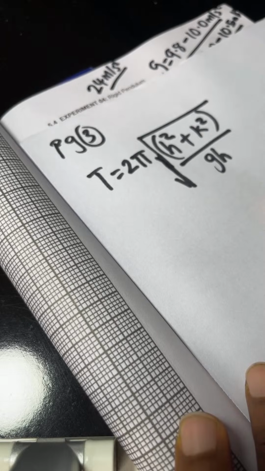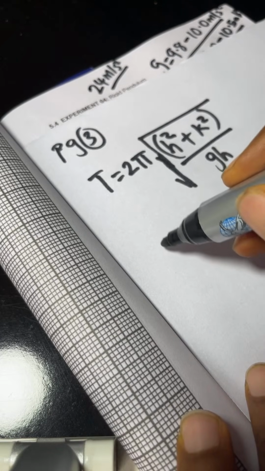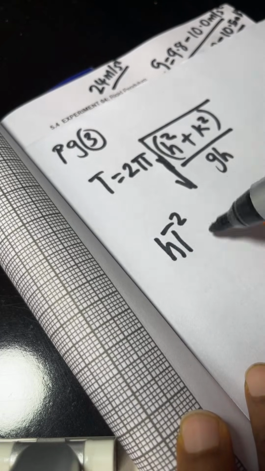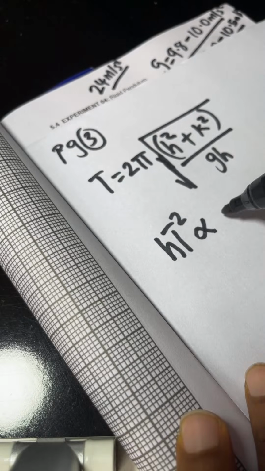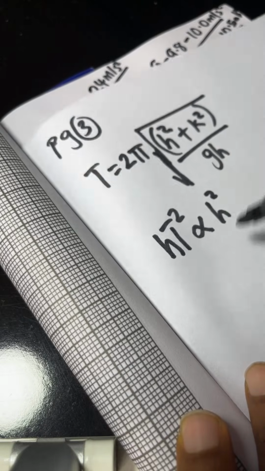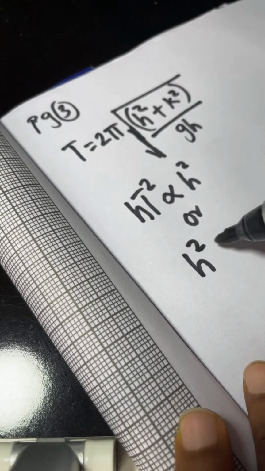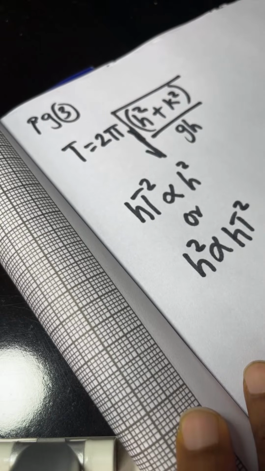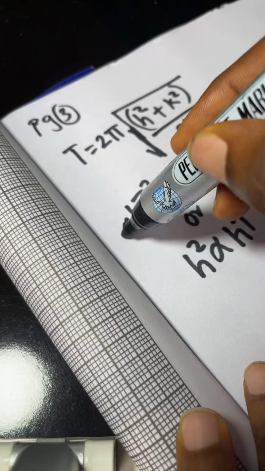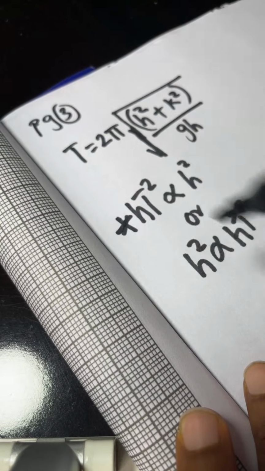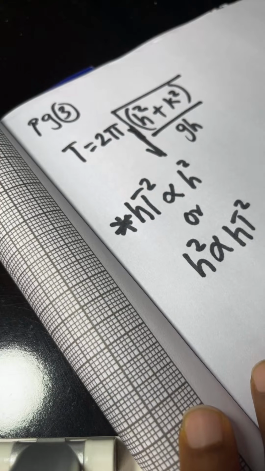You are asked to plot a graph of HT square against H square, or H square against HT square. Now, remember we did this in class. For Town Campus, we didn't do this.